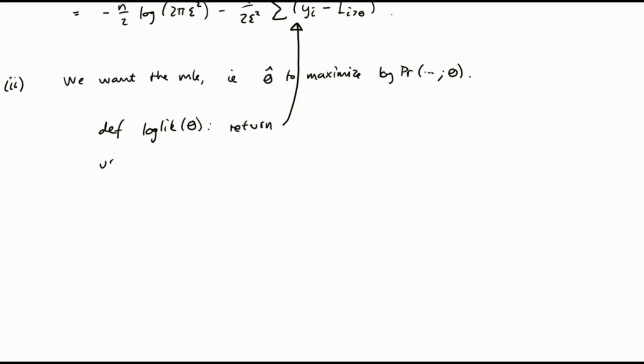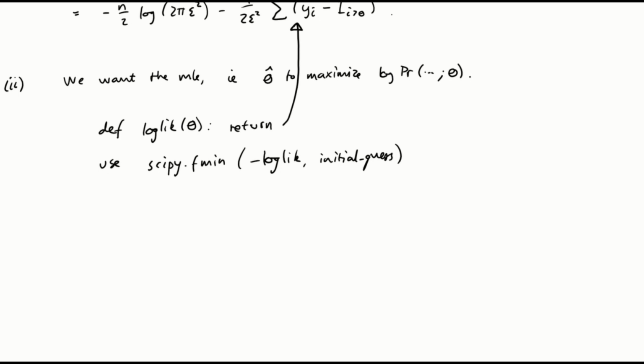And then we could use scipy.fmin to minimize minus the log likelihood function with some initial guess. The question doesn't tell us what the data set actually is, so we can't really make the initial guess.